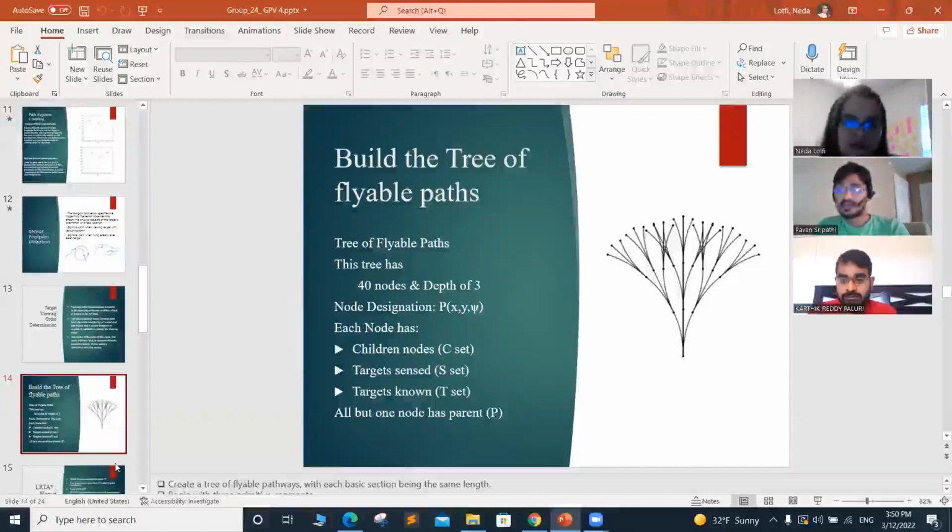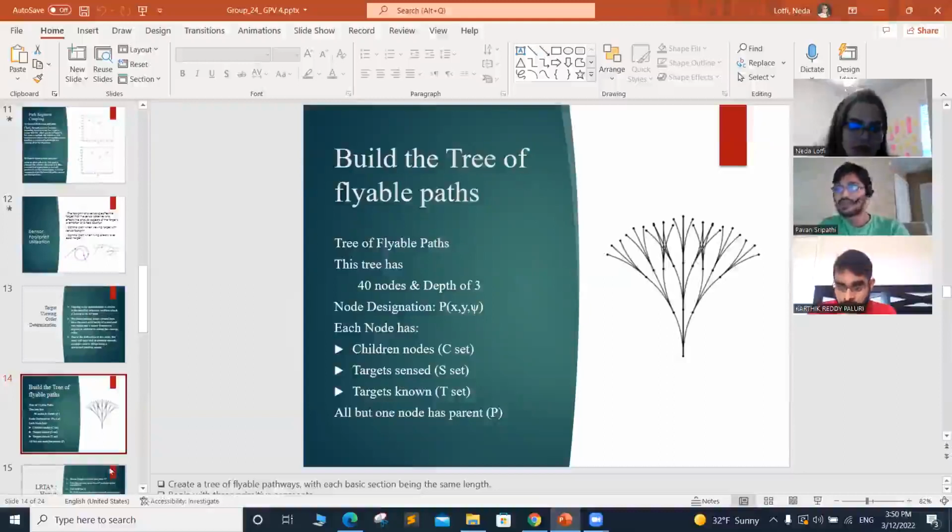Until we construct the tree of flying paths, the speed at which the best path is found is affected by the segment length and the tree depth. The memory space for this is also a concern, and according to the reading materials, the tree depth for desktop CPUs should not exceed more than 30 to 50 levels.